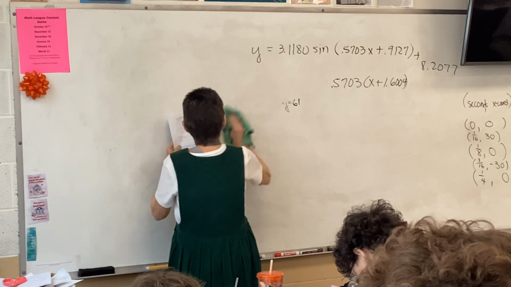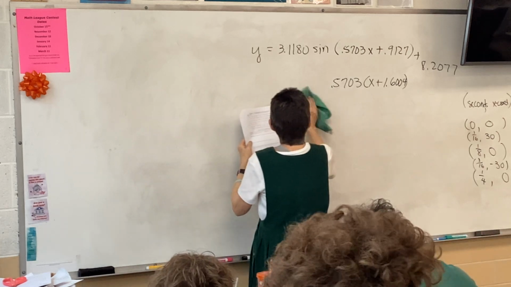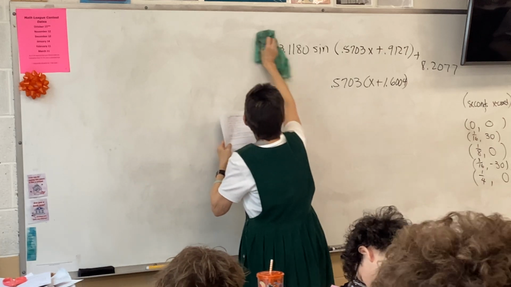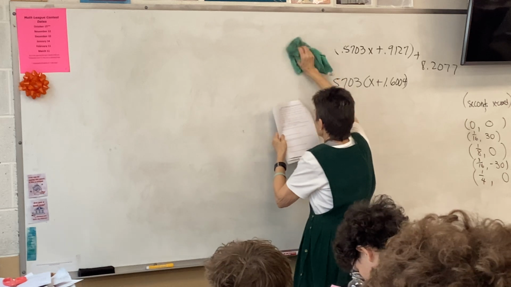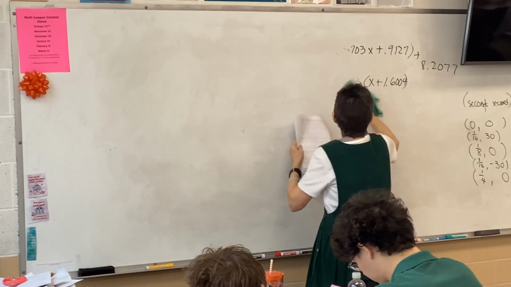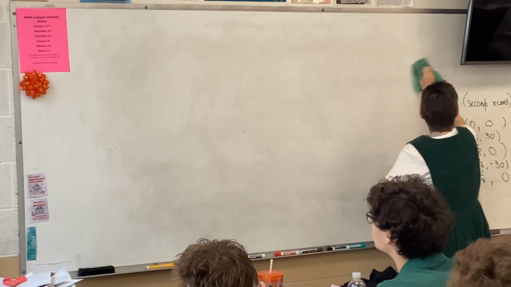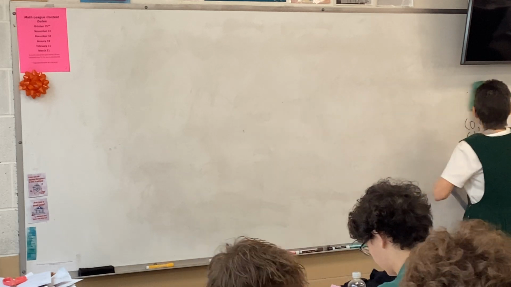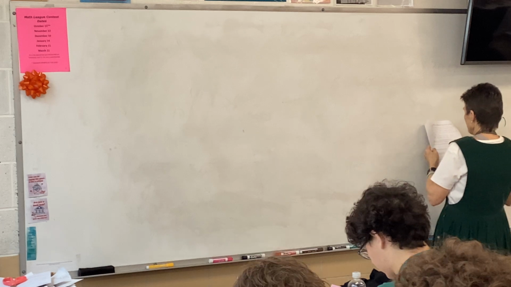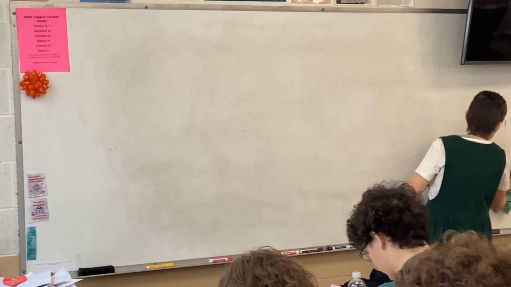Patty's riding a Ferris wheel. Her distance above the ground after T minutes is given by this equation. So the ordered pairs of the equation are minutes, comma, feet above the ground.